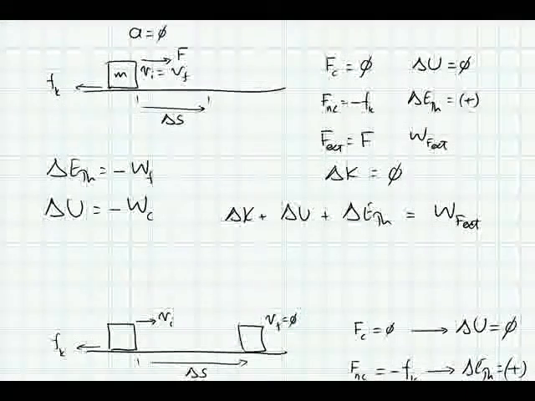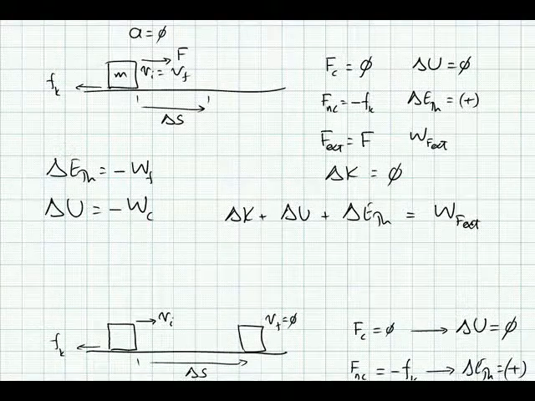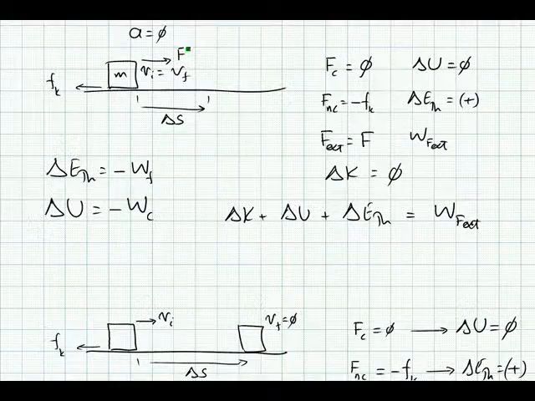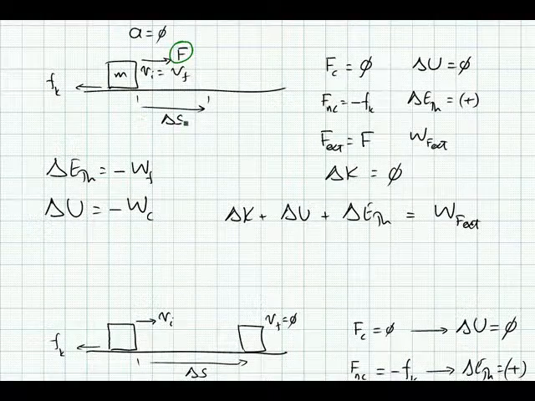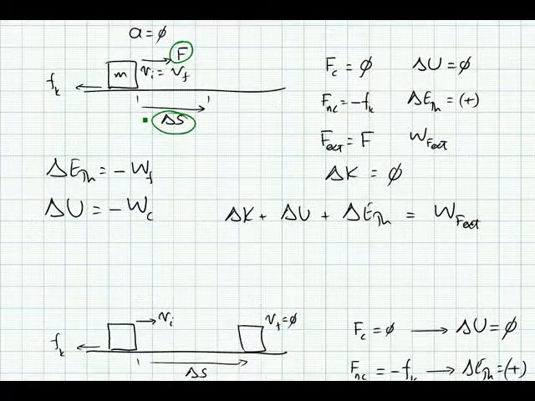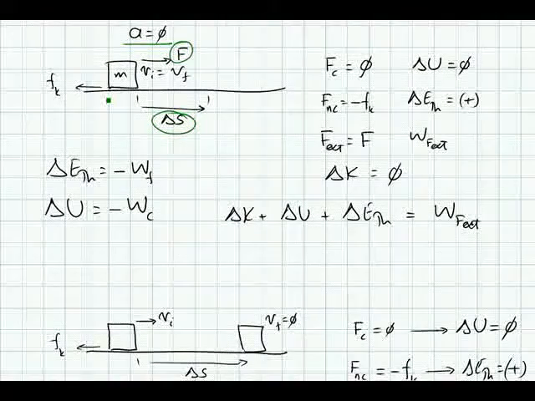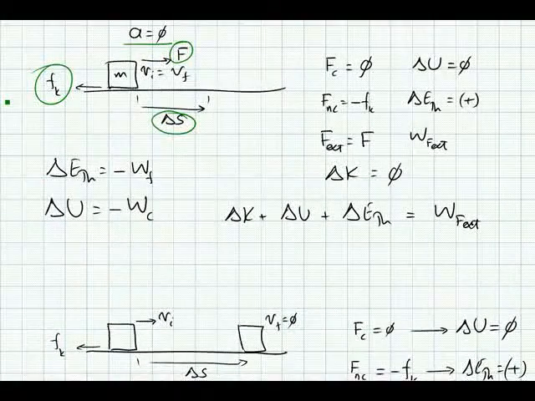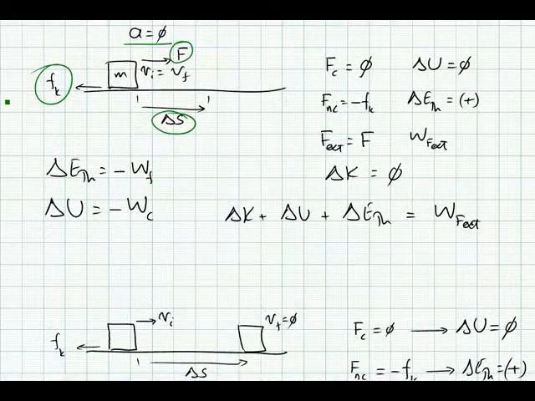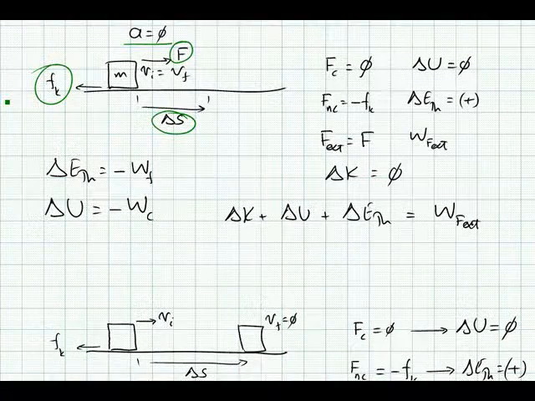This first example is an object. We have force F acting on the object. The displacement of the object is delta S. The object has mass m, and acceleration is 0. And there is kinetic friction in the opposite direction to delta S, of course.